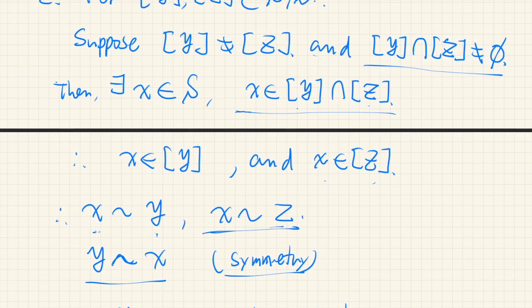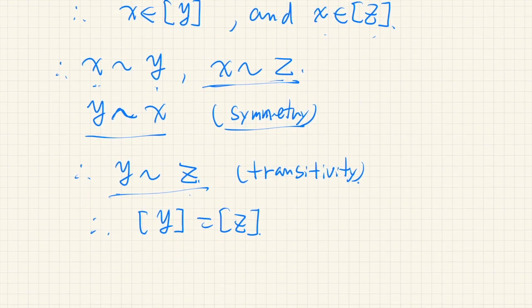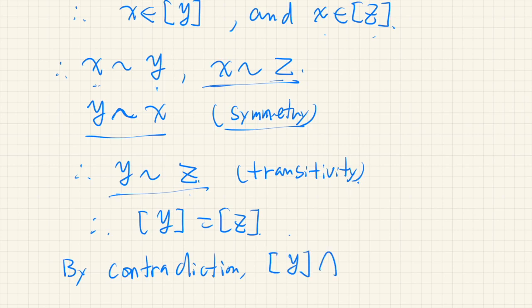But this contradicts our assumption that they are not equal. So, therefore, by contradiction, we can say y intersect z is empty.